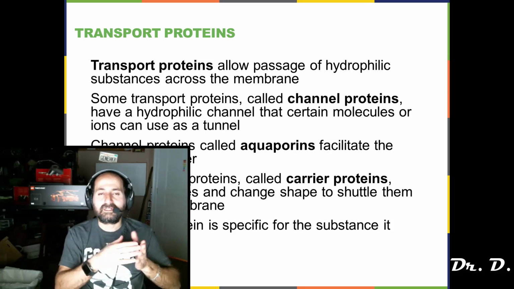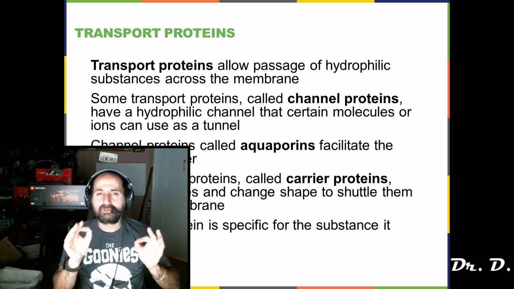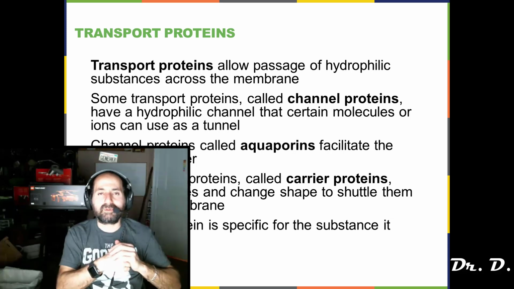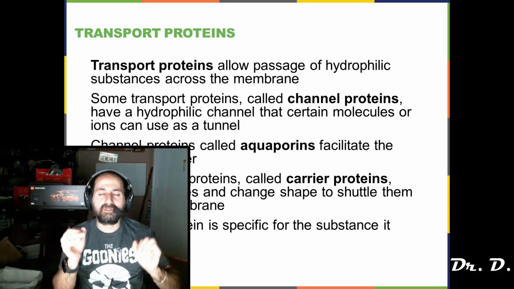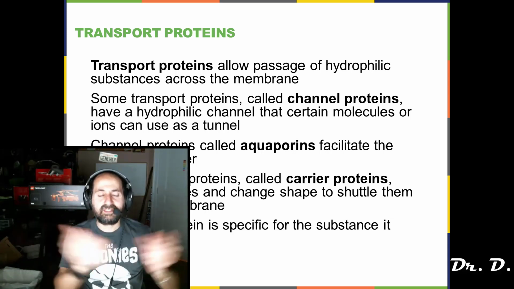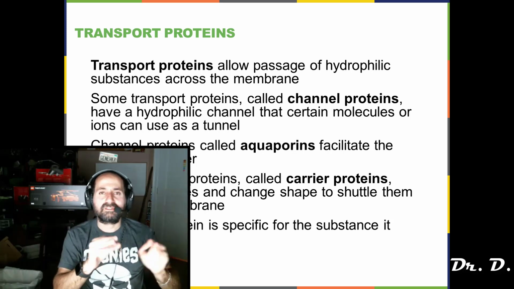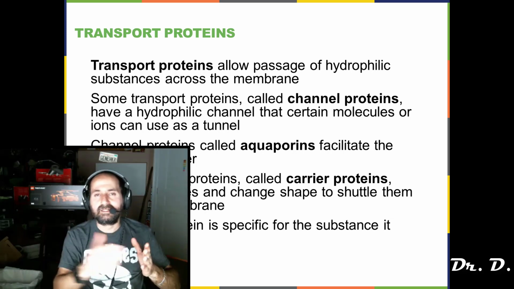Aquaporins specifically allow water to cross. So these transporters aren't just big old holes that let just anything cross the membrane. Remember, the membrane is selectively permeable. It doesn't just let anything across. These transport proteins are specific for the solutes that they allow across.